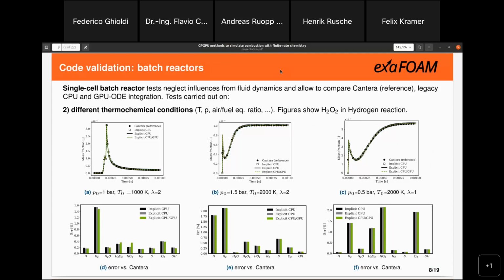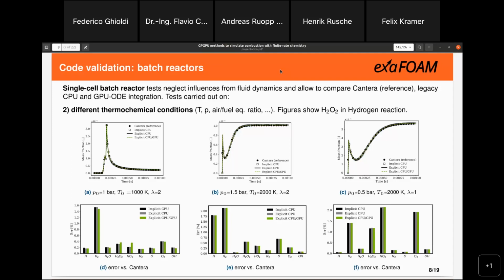Now, of course, whenever you have a single cell batch reactor, this kind of methodology, so the structure that we have designed, is not actually the most efficient one. Why is that? Because, as I said, the dynamic data needs to be continuously moved from the CPU to the GPU and backwards from the GPU to the CPU.